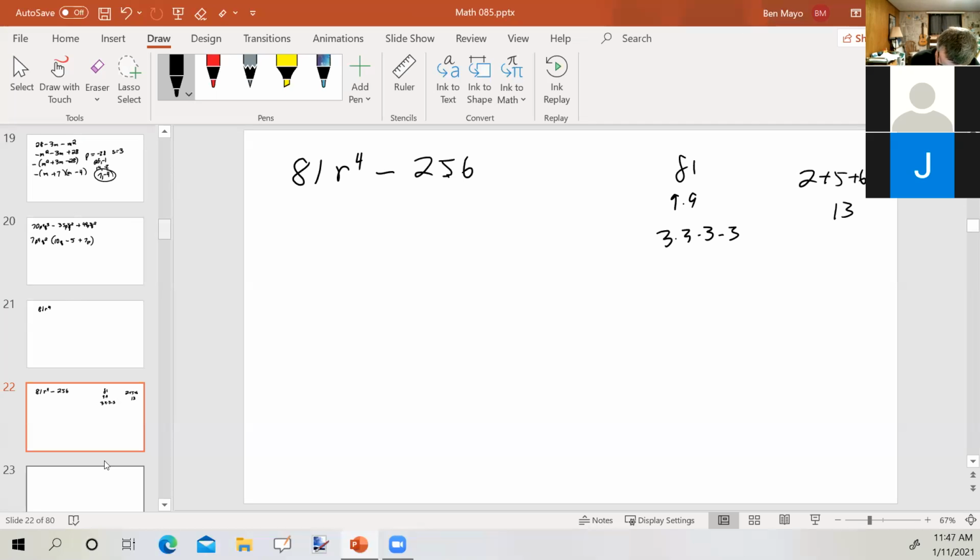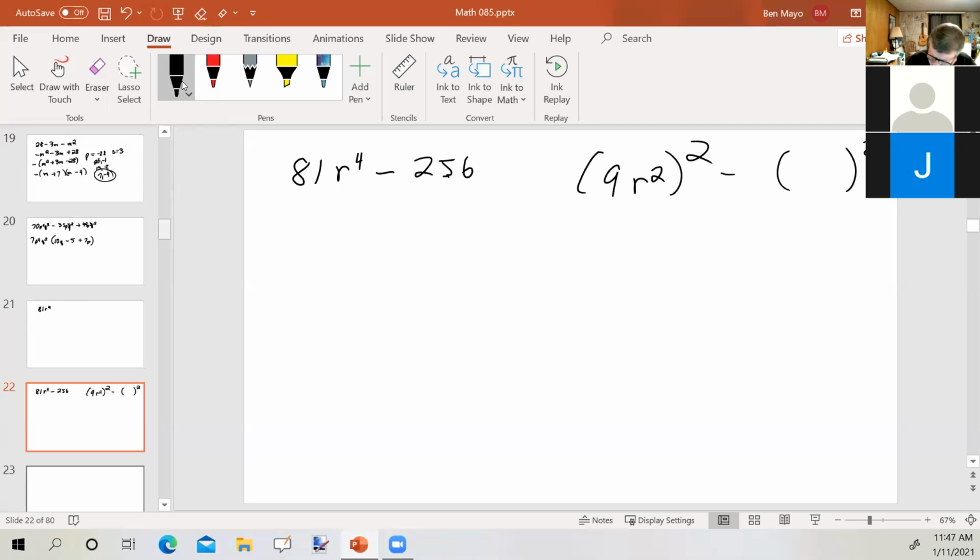But let's go back here and erase this to give me some room to write. Can I write this as the difference of two squares? Well, 81 would be 9 squared. r squared squared would be r to the fourth. Is 256 a square?